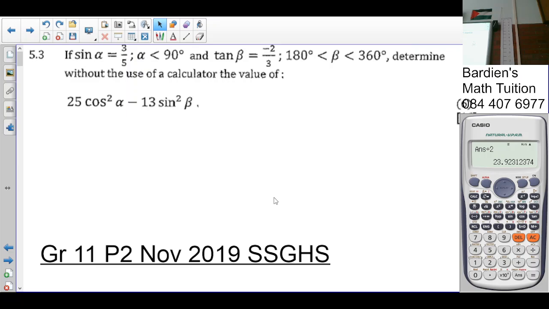So sine alpha is equal to 3 over 5. Alpha is less than 90. What does that mean? That the angle is in the first quadrant. Less than 90 means first quadrant.